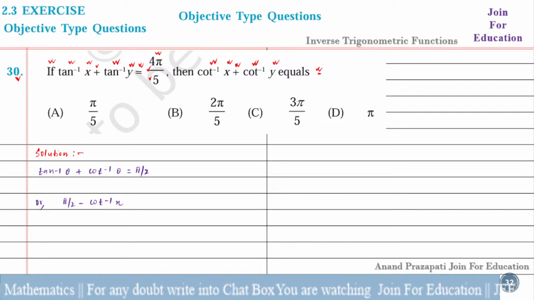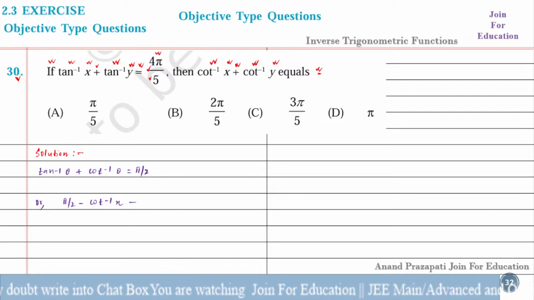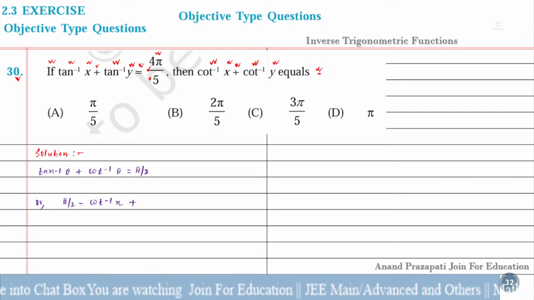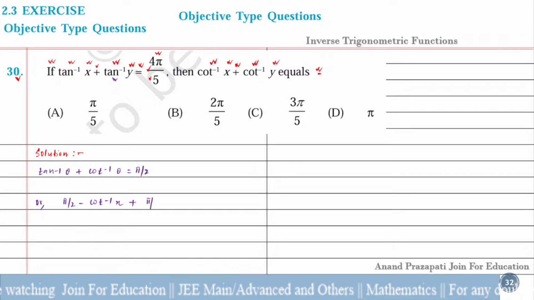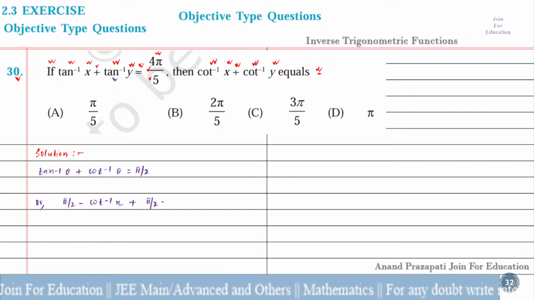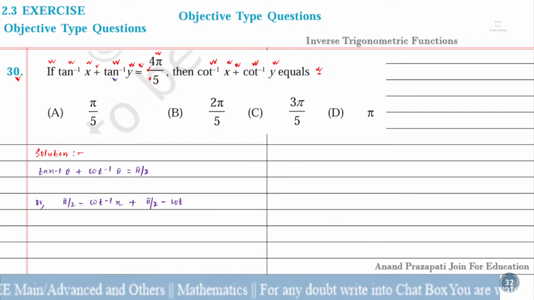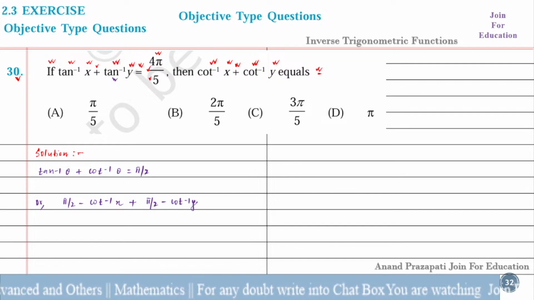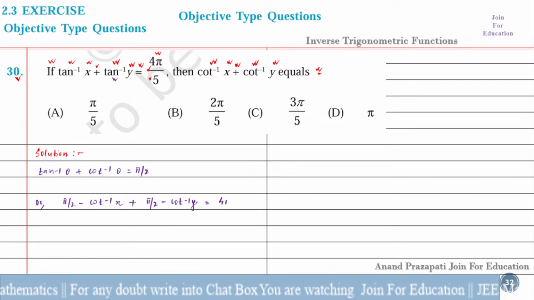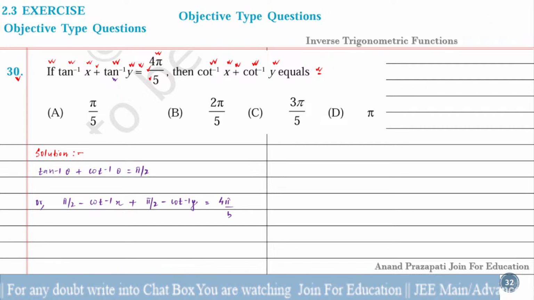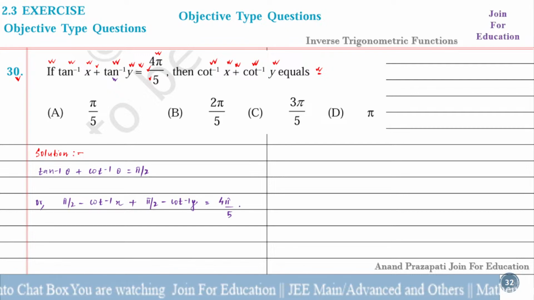Hope there is no problem understanding up to this step. After that, we write plus tan inverse y equals pi by 2 minus cot inverse y, equal to, as given here, 4 pi by 5.